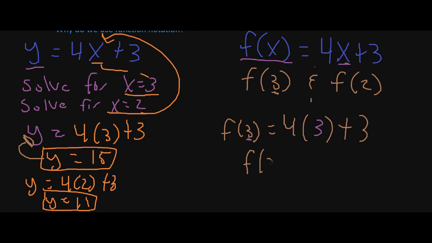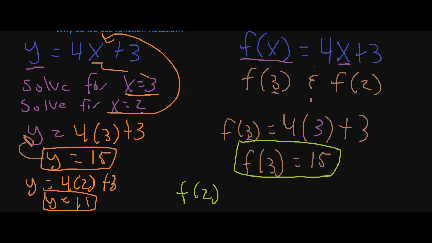Okay, so f of 3 equals 4 times 3, which is 12, plus 3, well, that's just 15. Okay, so this is one answer. And now we do it with the other one. F of 2 equals 4 times 2 plus 3. All right, so now I'll write it over here. F of 2 equals, well, 4 times 2 is 8, 9, 10, 11, 12.